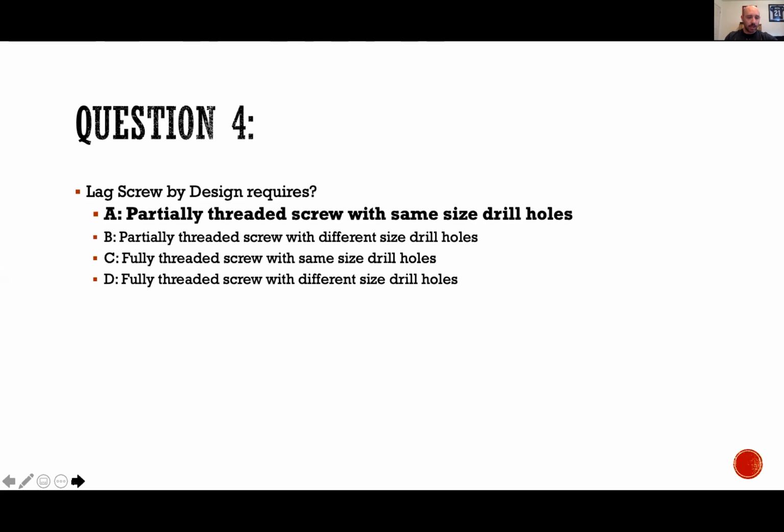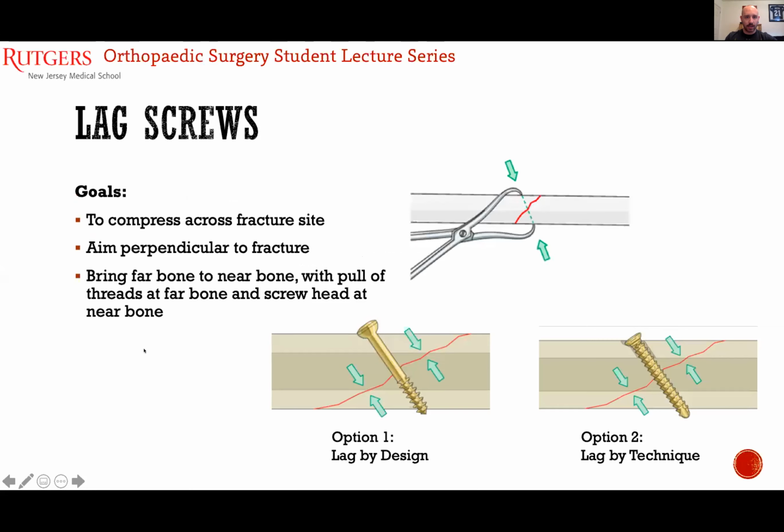And so if we go to this here, when we're talking about lag by design, the word design gives it away that the companies manufacturing the screws are designing it to be a lag screw, rather than lag by technique, where the surgeon is doing something to make it a lag screw.